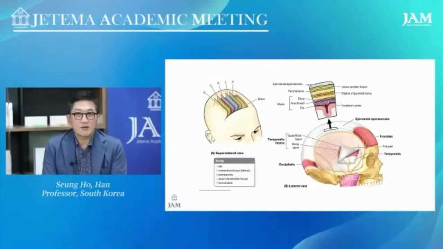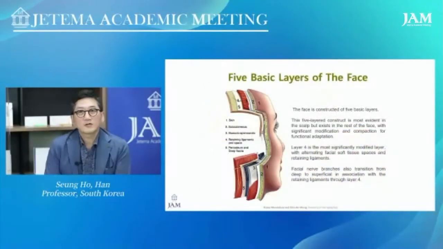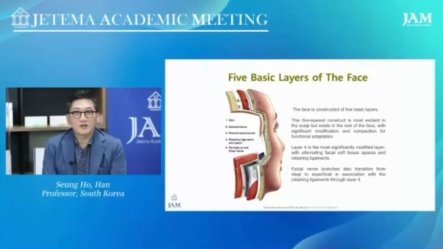So I want to talk about the key points about the surface landmarks and the danger zones of the face. Just like the structure of the scalp, which, as you know, has 5 layers, the 5 basic layers of the face are skin, subcutaneous tissue, SMAS or mimic muscles, then the deep fat layer or space, and the last one is deep fascia or periosteum.